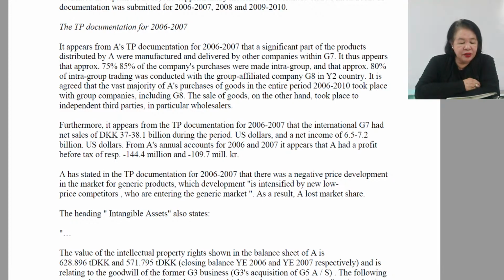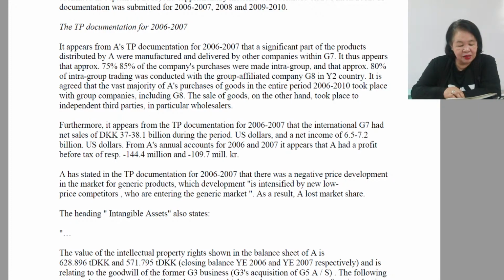The transfer pricing documentation for 2006 and 2007. No? So it appears from the TP documentation for 2006 to 2007 that a significant part of the products distributed by A were manufactured and delivered by other companies within G7. No?